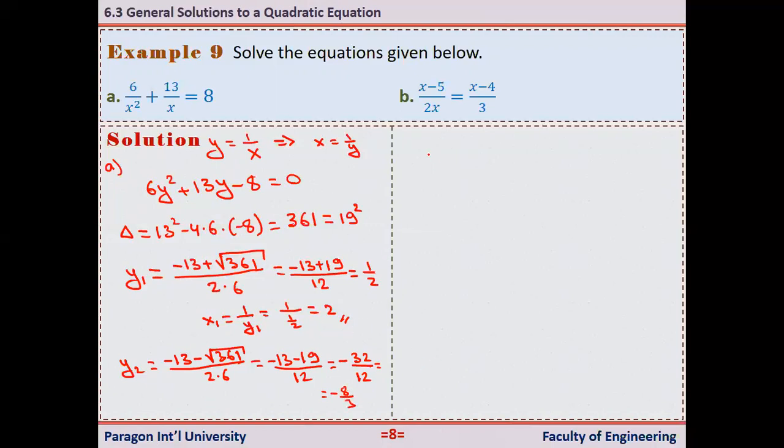So from here, what is x2 then? x2 is equal to 1 over y2, which is equal to 1 over minus 8 over 3. That's equal to minus 3 over 8. So our first root is equal to 2, and the second root of the equation is minus 3 over 8. Okay.